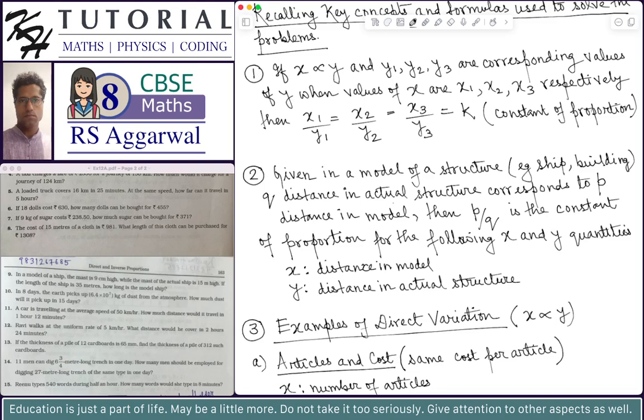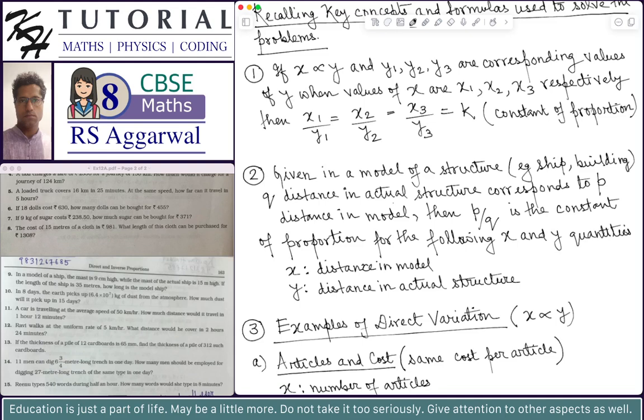I'm just giving an example. So if the distance between two cities in the map is 1 centimeter, then the actual distance between the two cities will be 10 kilometer. So the scale of the map was given as 1 centimeter is to 10 kilometer, that is, 1 centimeter in the map is equivalent to 10 kilometer in the actual world.